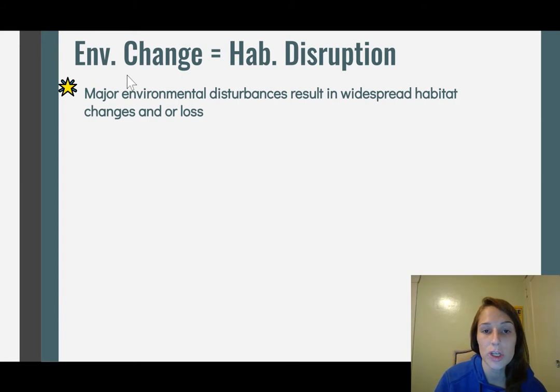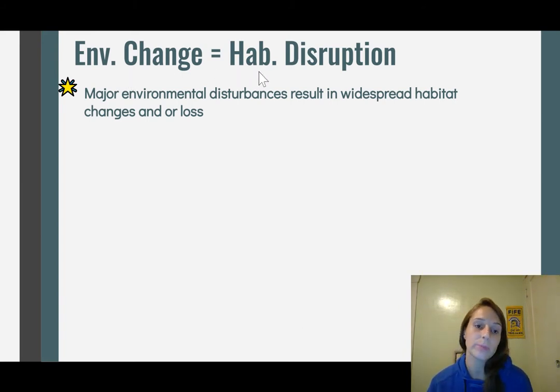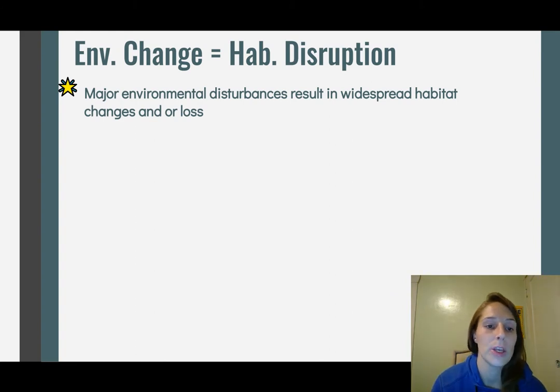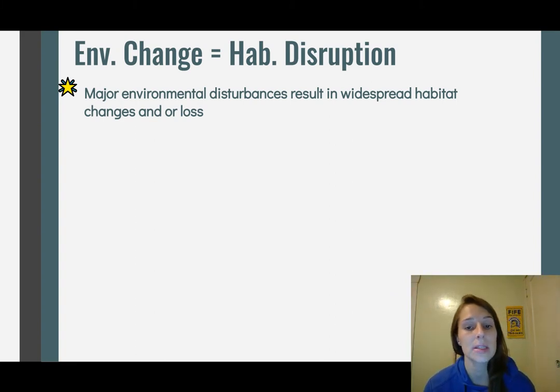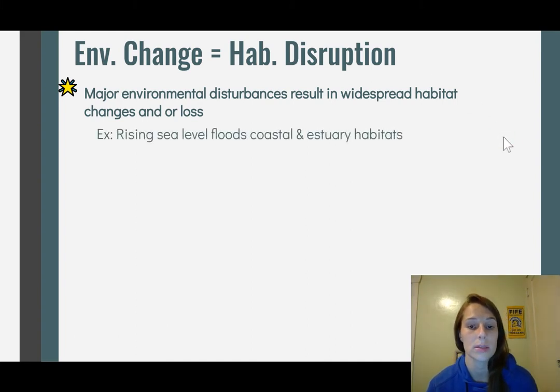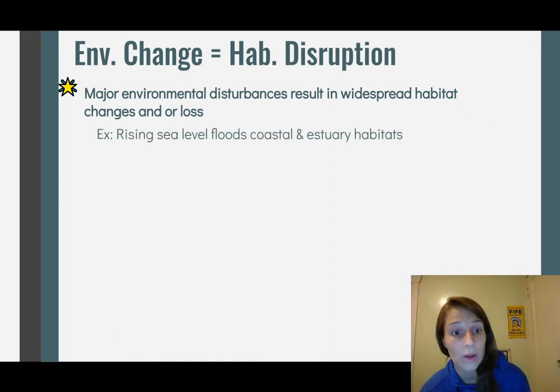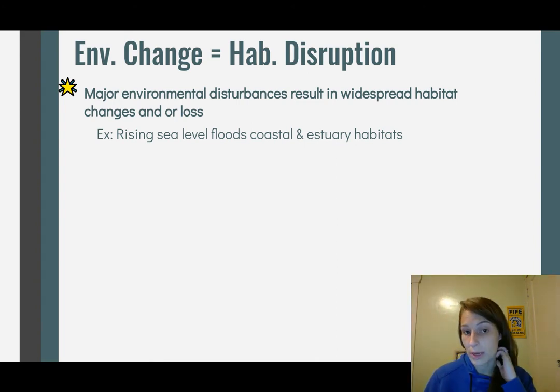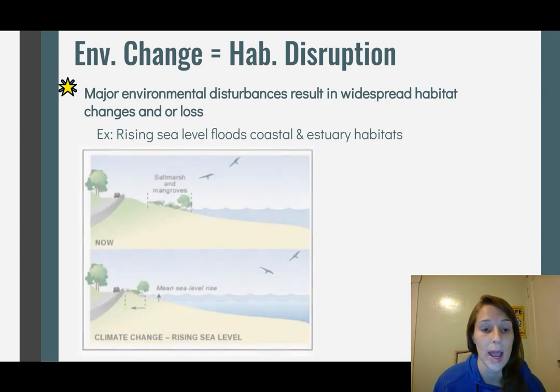Now, environmental changes end up resulting in habitat disruption. So when you have major environmental disturbances, this results in widespread habitat changes and or loss. So an example that we could look at, when we were just mentioning rising sea levels, we can then zoom in and see how these rising sea levels will impact coastal and estuary habitats.